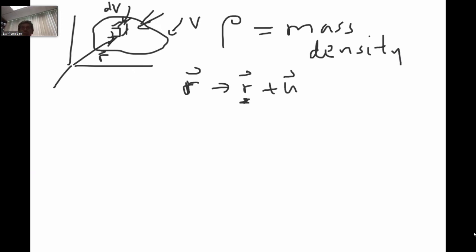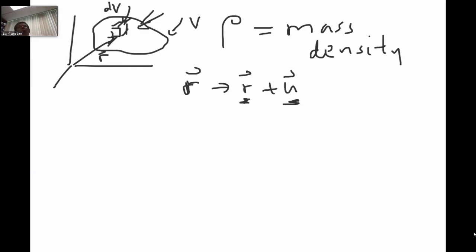So it's just sitting there. For a string, we can displace it in the transverse direction. We can displace it in the longitudinal direction. It's the same with a solid. So we're thinking we're going to displace the solid from its equilibrium position. In other words, U describes the displacement.